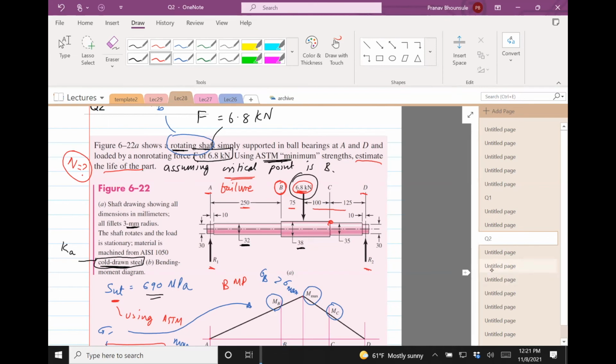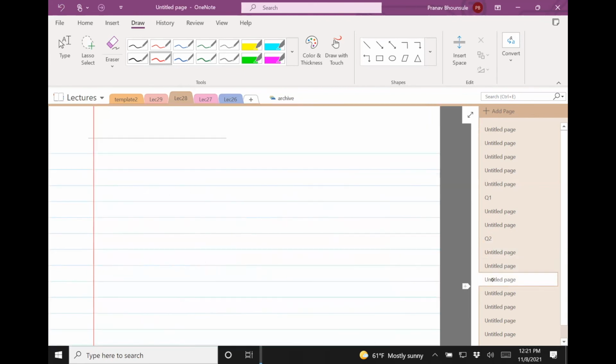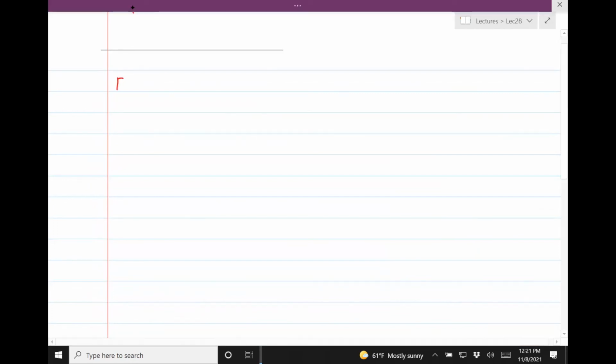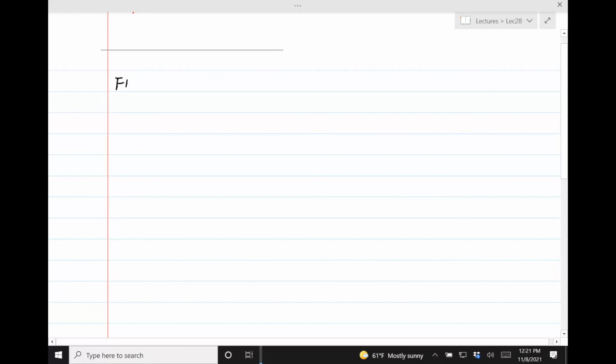Let's just draw a free body diagram first, and then we'll find the value for this moment B. So there's a free body diagram of the system, but I'm just drawing a beam because that doesn't change anything.